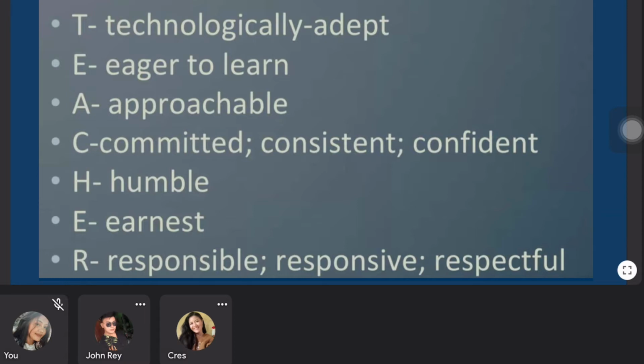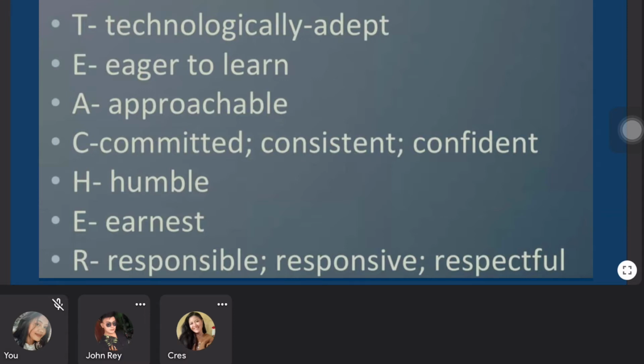And we should be responsive. We should not practice procrastination now, because this is the crucial stage in our college that we have to be responsive and respectful. And in being responsive, you are also being respectful.